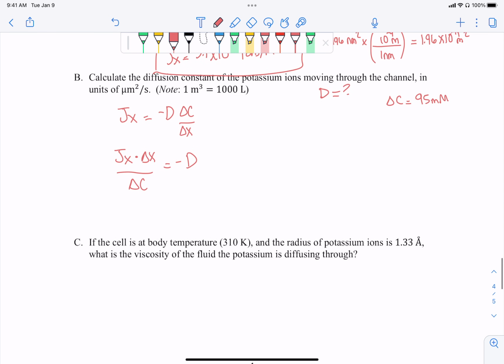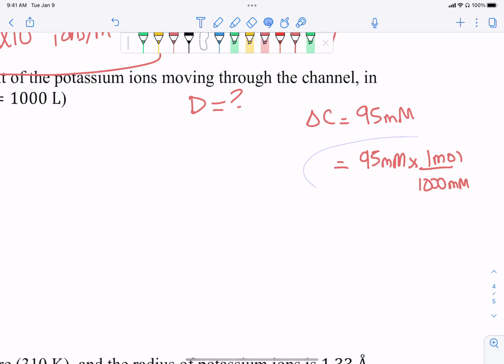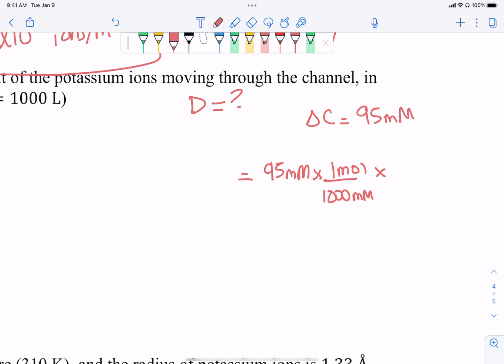And so we can convert that to moles, and then from moles to meters cubed, so we can get our SI units. So 95 millimolar, that'll be 1,000 millimolar in 1 molar, sorry, my bad. And then molar is moles per liter.